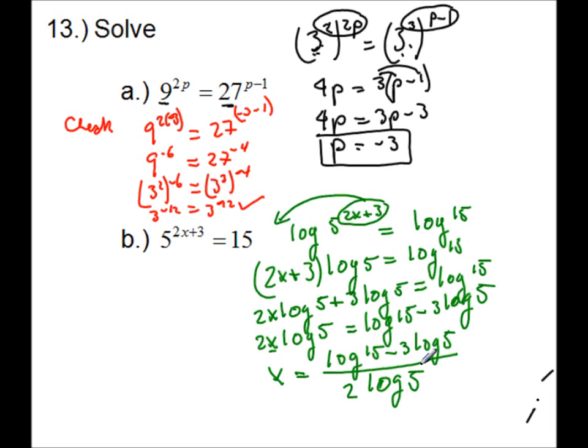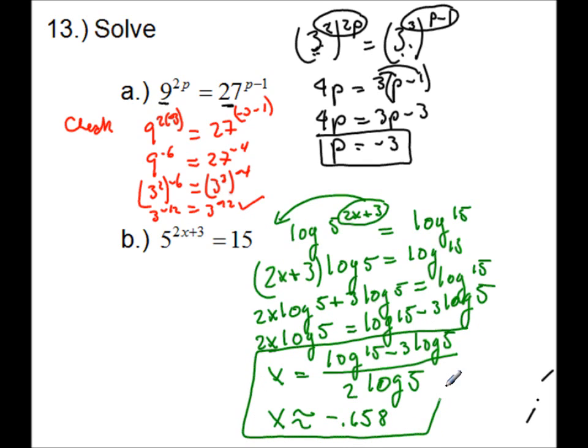And this is your exact answer. And then you can also put this into your calculator, and you will get an approximation of negative 0.658, and that is your approximation. Exact answer, approximation.